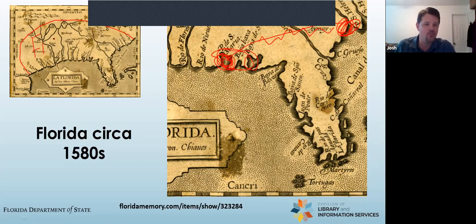We'll see some maps next week where this is borne out, where Spain is claiming all of this and calling the whole thing Florida. And right now, none of the French or British explorers are really threatening any of that. So the threat is all pretty abstract at this point. But it's about to get not abstract, so to speak.